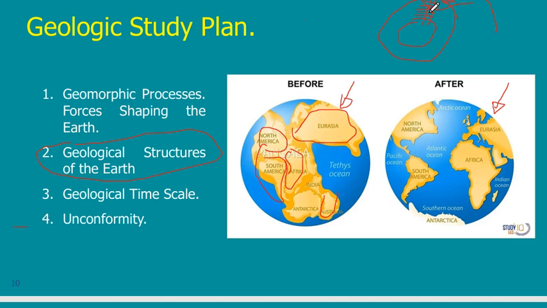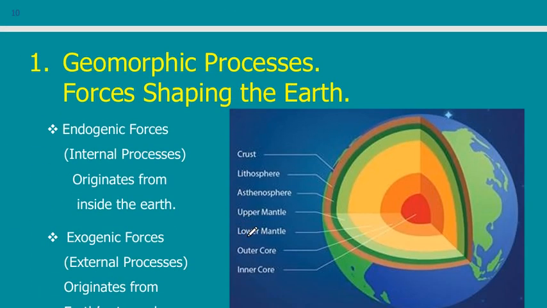Then suddenly all of these layers were removed and new layers came in place. So you are missing something in this geologic time scale. There is a portion in the time scale that is not available. In this case, I call this unconformity, and this we are going to study.